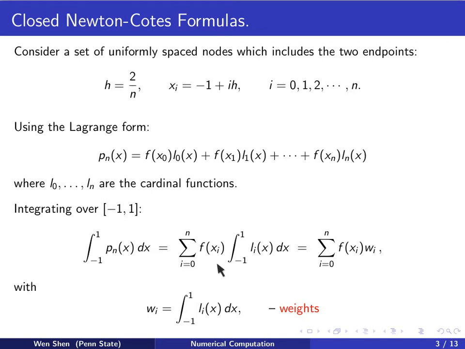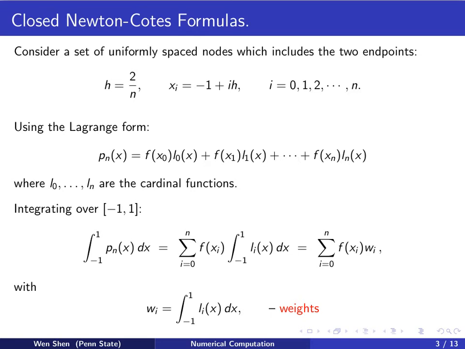These li's are the cardinal functions, and they are determined once the nodes xi's are given. So this integral can be evaluated by integrating the cardinal function, and we denote this integral by wi, and we can write our rule with this shorthand notation.